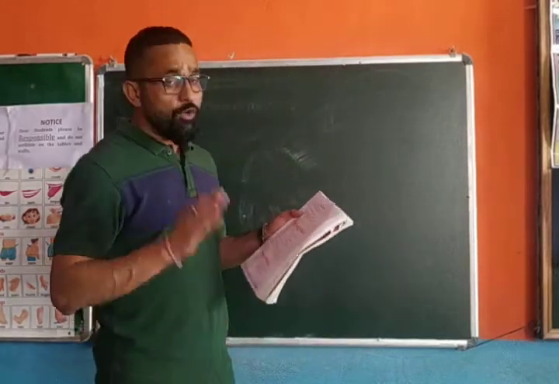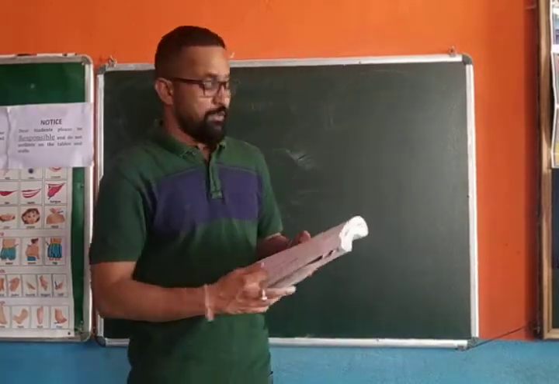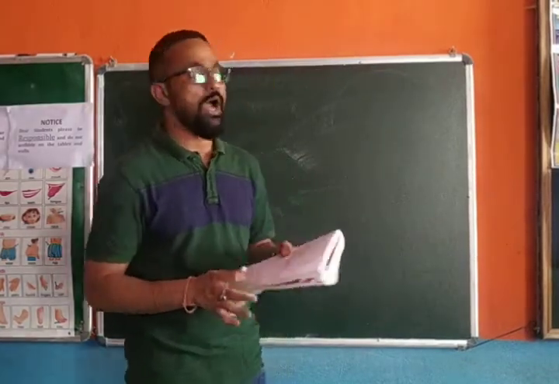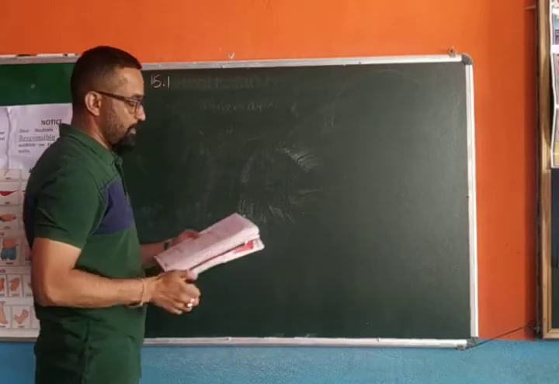Then you have theorems related to chord. Only theorems to be learnt. Proving is not needed, but still we can prove it from the book. The first one, theorem number 15.1, and it is very, very important theorem.